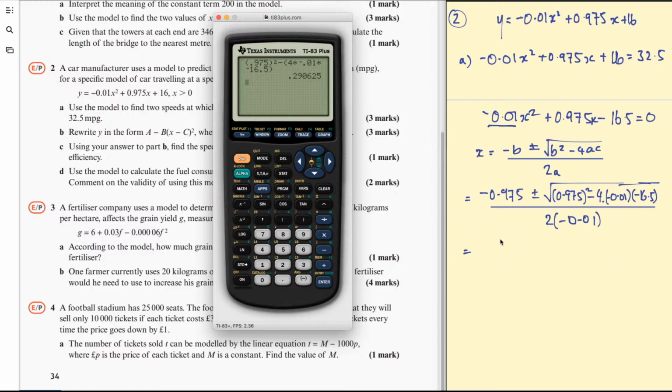Okay, so then I get negative 0.975, take the square root of this, 0.290625.